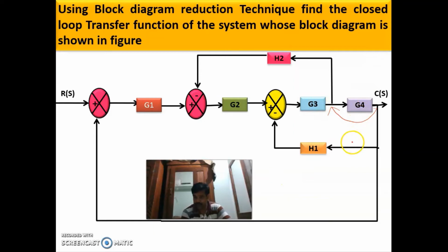But when you move the branch point before this block, the G4 will not be coming. So we have to multiply a G4 here, and we have to multiply a G4 here.